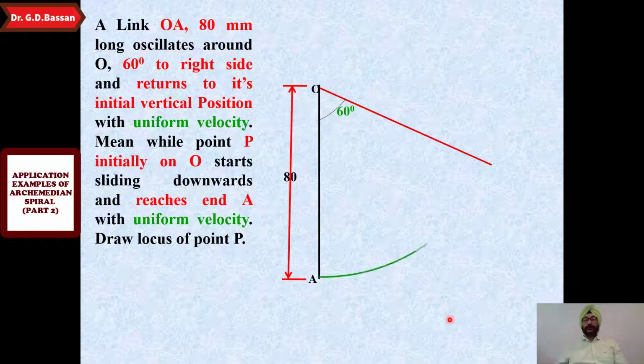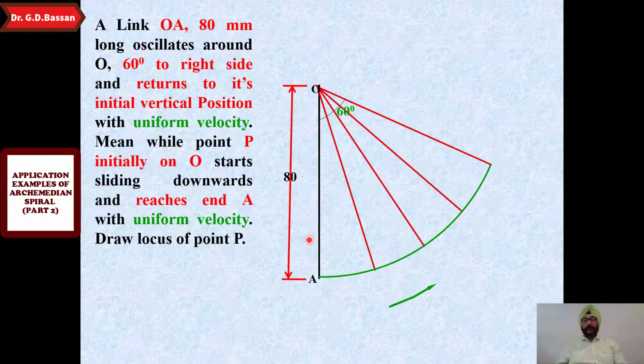Here we draw an arc joining the rightmost position of the link, which is at 60 degree angle. Now divide this arc into equal parts. We divide the extreme right position into 4 equal parts. Give the markings A1, A2, A3 and A4.